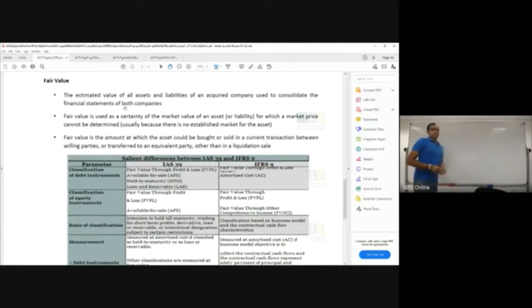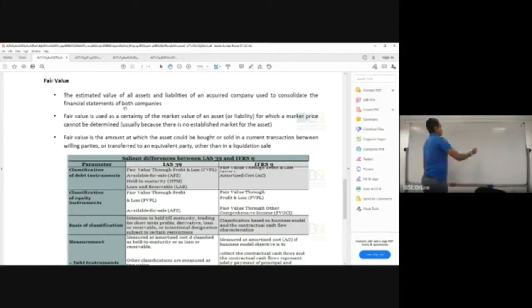Now, under IAS 39, you can read for additional reading. Good for your knowledge, but the focus is going to be IFRS 9. Three categories: fair value through profit or loss, FVPL.